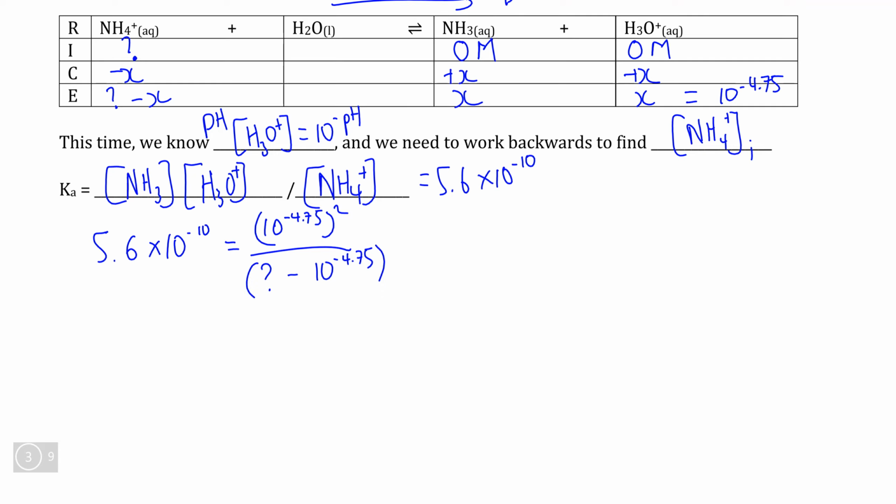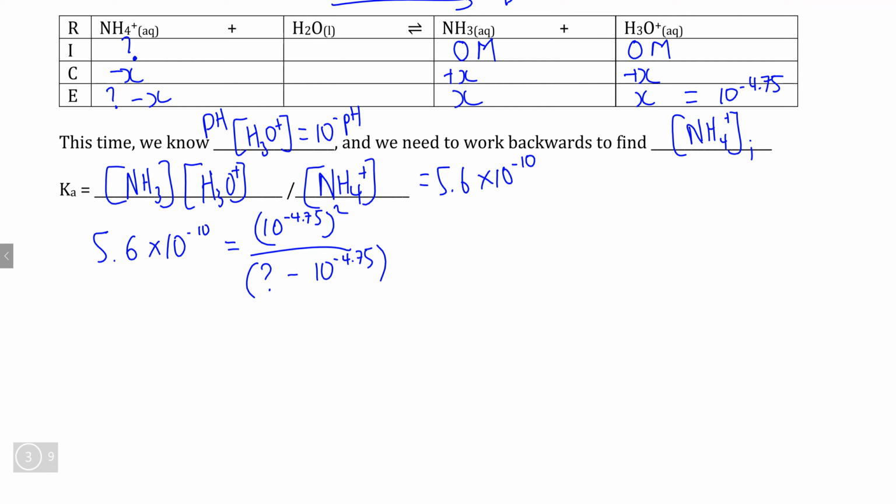So that would involve multiplying both sides by the equilibrium concentration of NH4, and then to isolate this, we would need to divide both sides by our Ka value, and then add our X value to both sides in order to isolate the unknown initial.